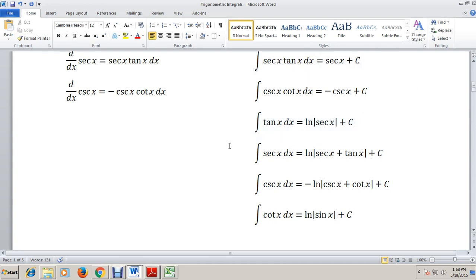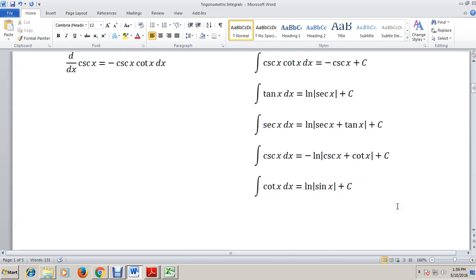Okay, so if you remember from the previous video lecture on trigonometric integrals, techniques of integration, I asked you to solve for the corresponding result for integral of cosecant x dx and cotangent x dx, but so far none of you has submitted, so I'm still waiting for your submission for the proof of solving for the integral of cosecant x.